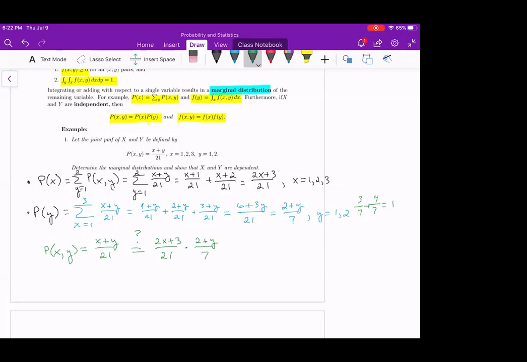And no matter how you try to manipulate this right side, is it going to ever equal x plus y over 21? No. And so this doesn't hold, which means that X and Y are dependent.